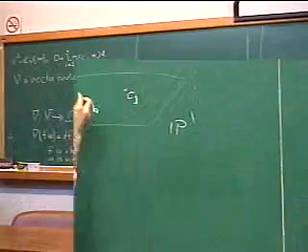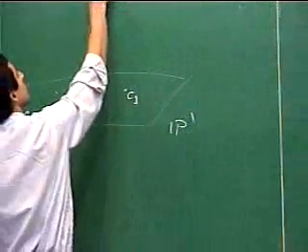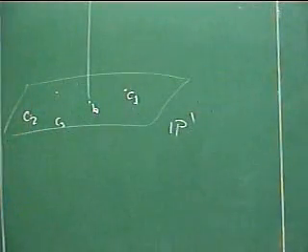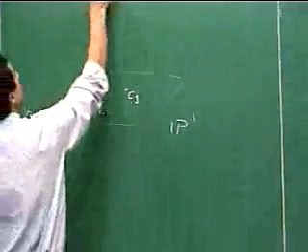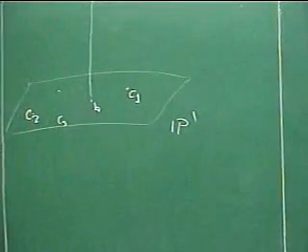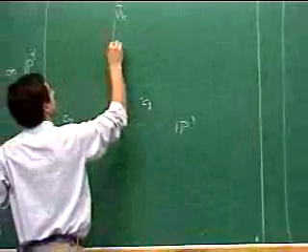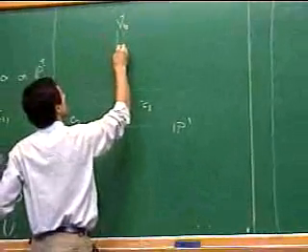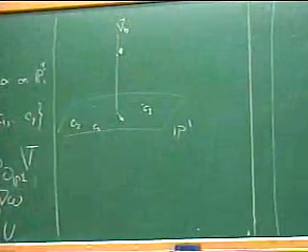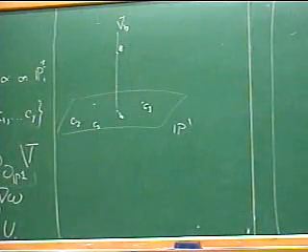We take a point B. We look at the fiber VB here, and we take a fixed point in VB. We name it E0.